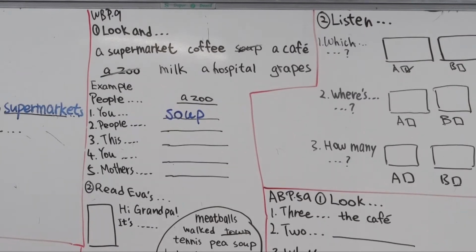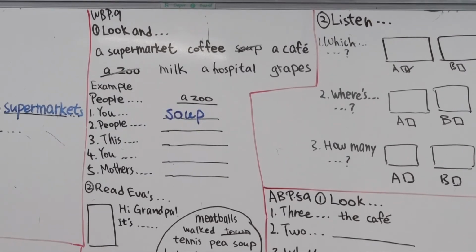Number 2, read. People sit and have a drink and talk to their friends here. Alright, so it's a place, right, where you can sit and have a drink and talk to your friends.